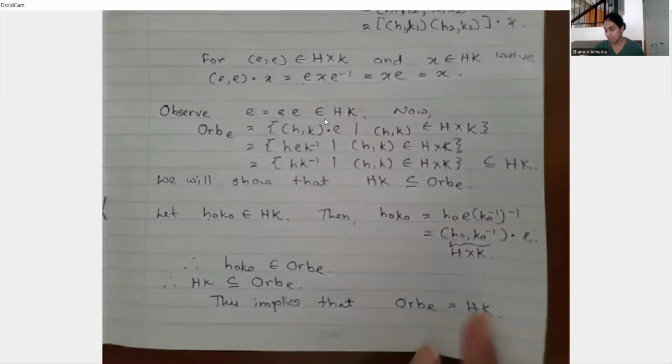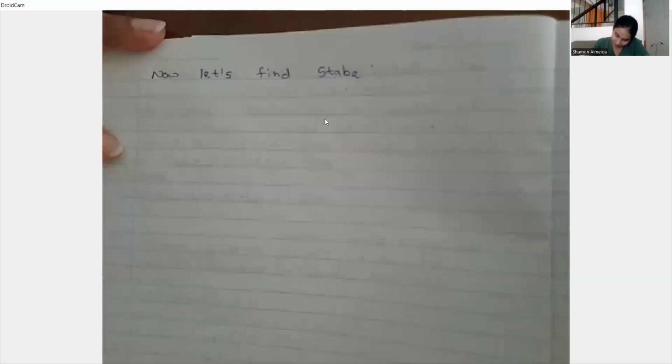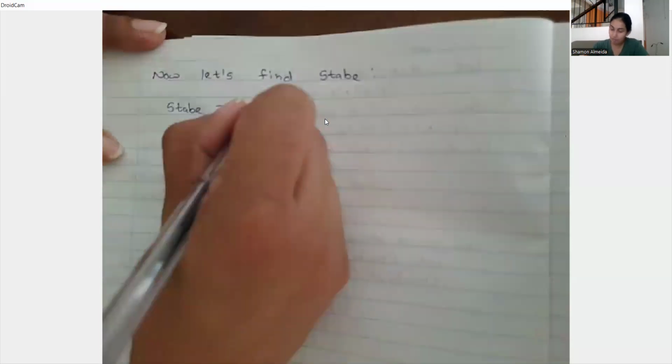Okay, let's also find the stabilizer of this action. Now, let's find stab E. The stabilizer of the identity by definition is every element in the group that fixes the identity.